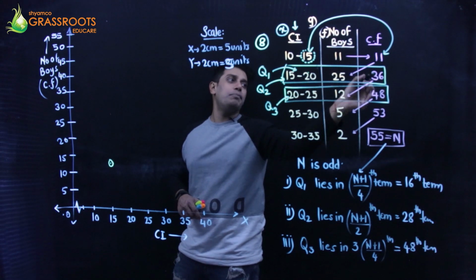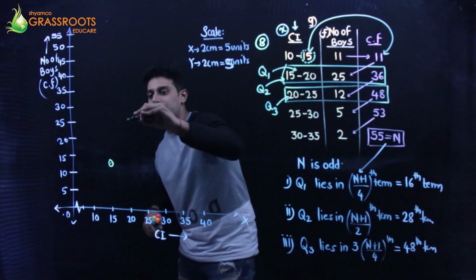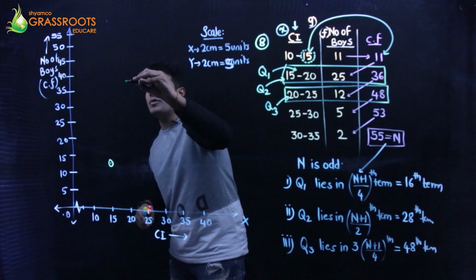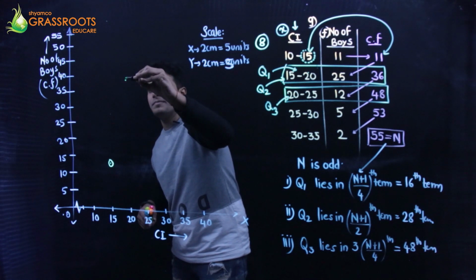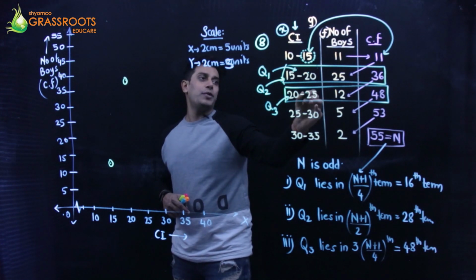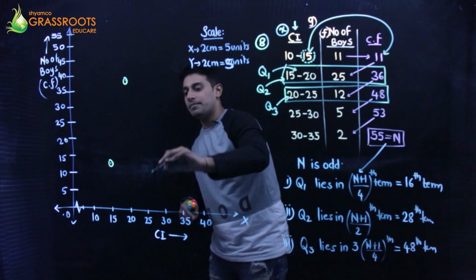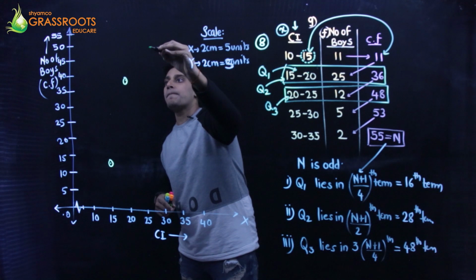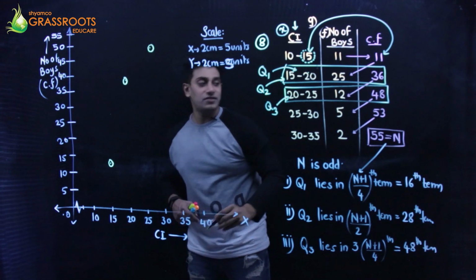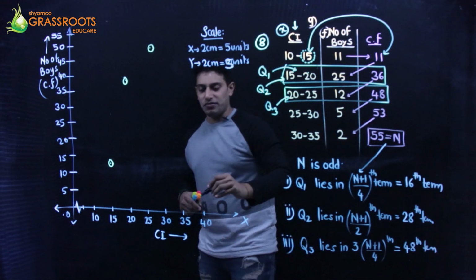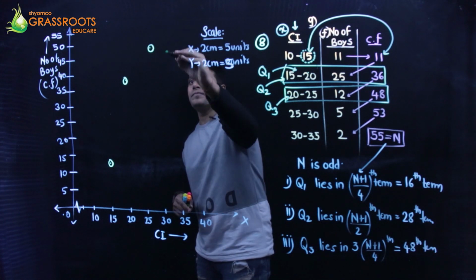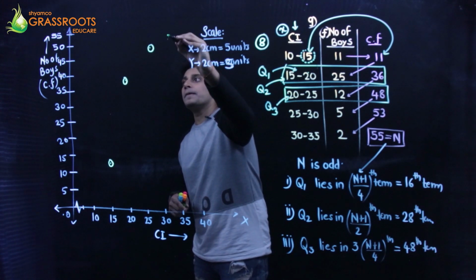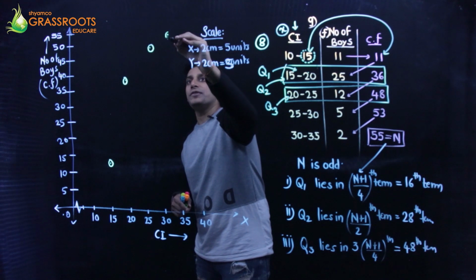With 20, the plot is 36. 36 will again be the second division. With 25, the plot is 48. Next plot is 53. 53 will be on the 6th division.